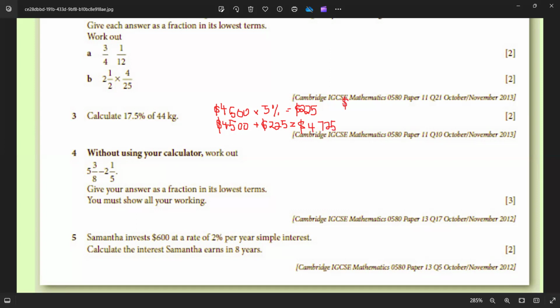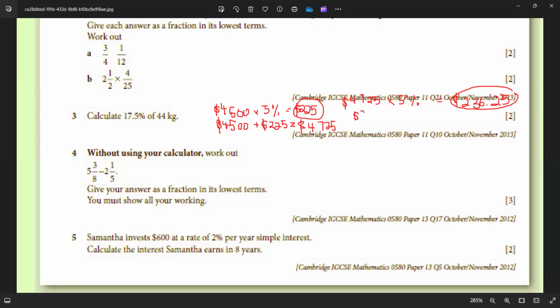Then add the interest, 4,725 times 5%, we'll get 236.25. So this is the interest for the second year, and this is the interest for the first year.